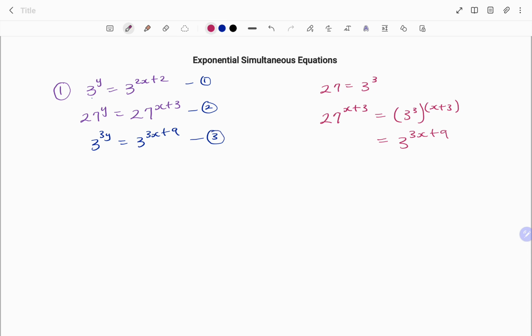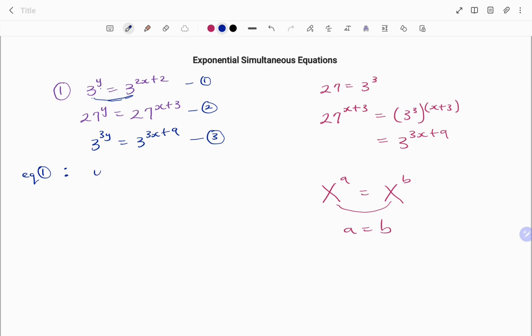Also applying the laws of exponent, if I have a base raised to a power equal to the same base raised to another power, because the bases are the same, my a equals b. Applying the same rule from equation 1, I'm going to equate the powers to each other because the bases are the same.